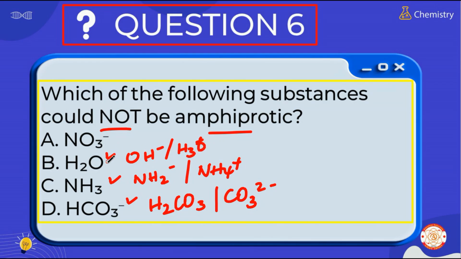Therefore, water is also an example of amphiprotic. In case of nitrate ion, the answer is nitrate ion because nitrate ion doesn't have what? Hydrogen in its structure. Therefore, it cannot act as Bronsted acid. Therefore, the answer is A.